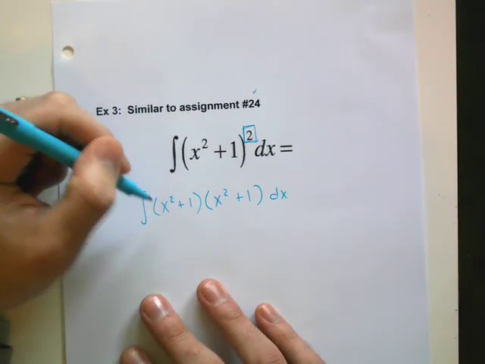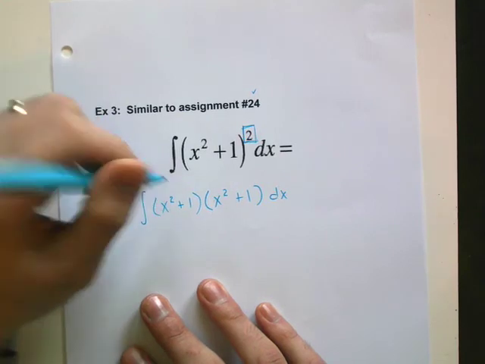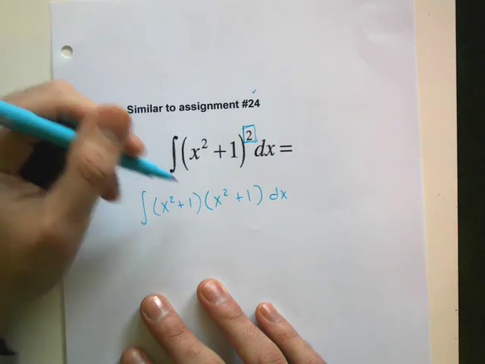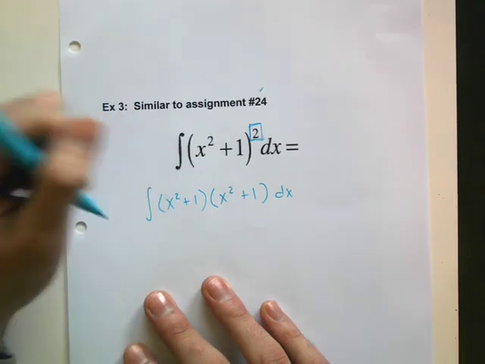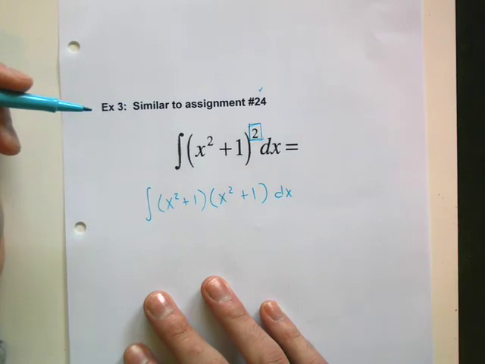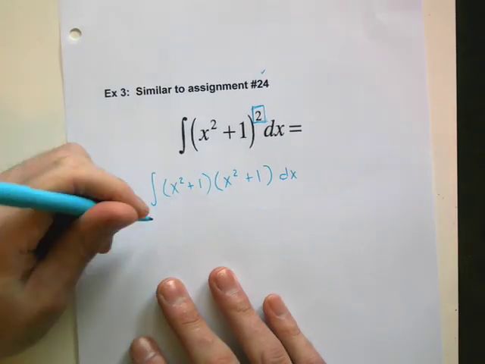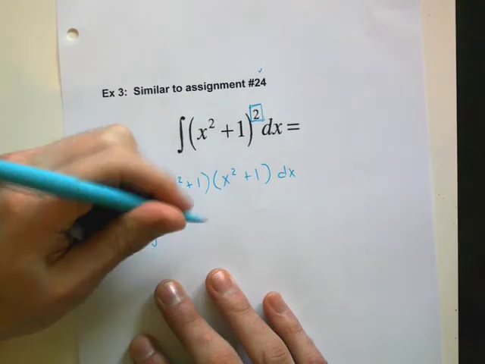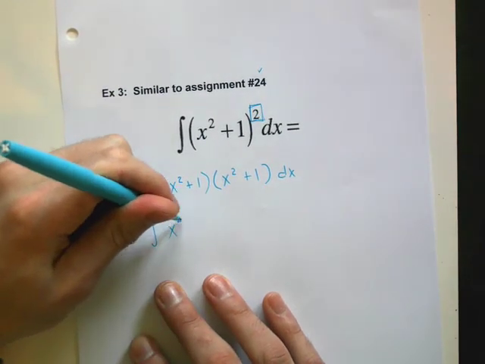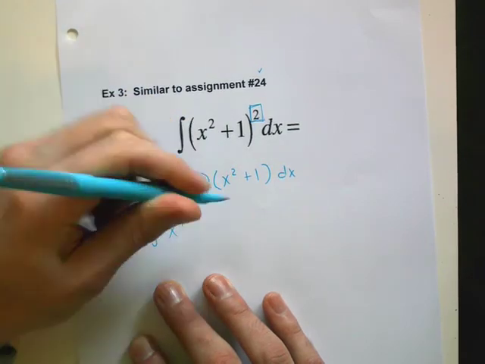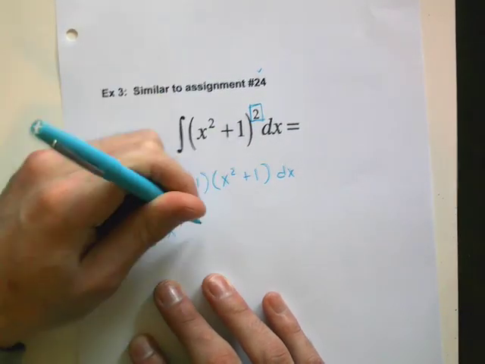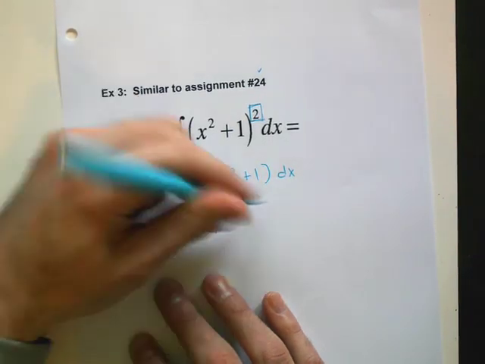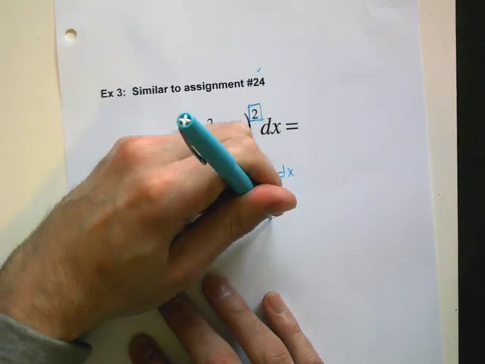Okay? We want to use our power rule here, but first, we're not done simplifying yet, right? We have to multiply this out because that's going to give us a nice clean expression where we can use a couple power rules. So this is the same thing as taking the antiderivative of x to the fourth, plus 2x squared, and then 1 times 1 is 1.